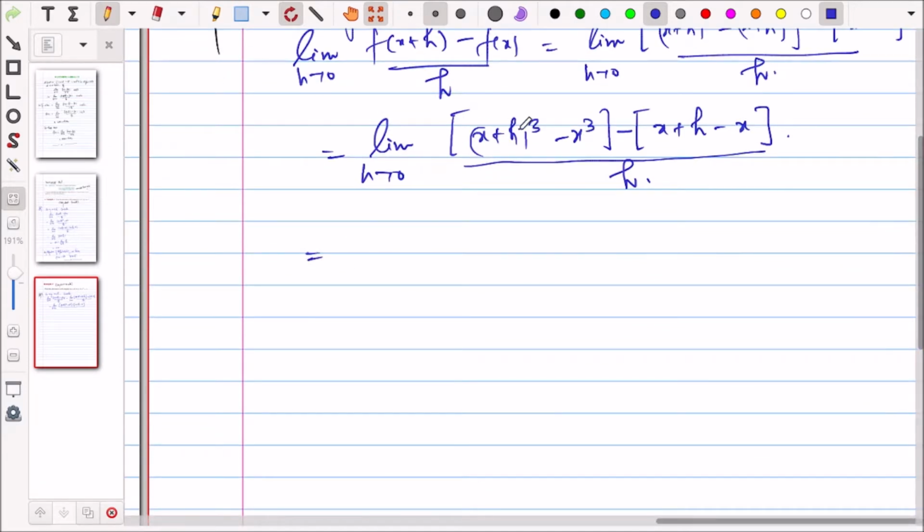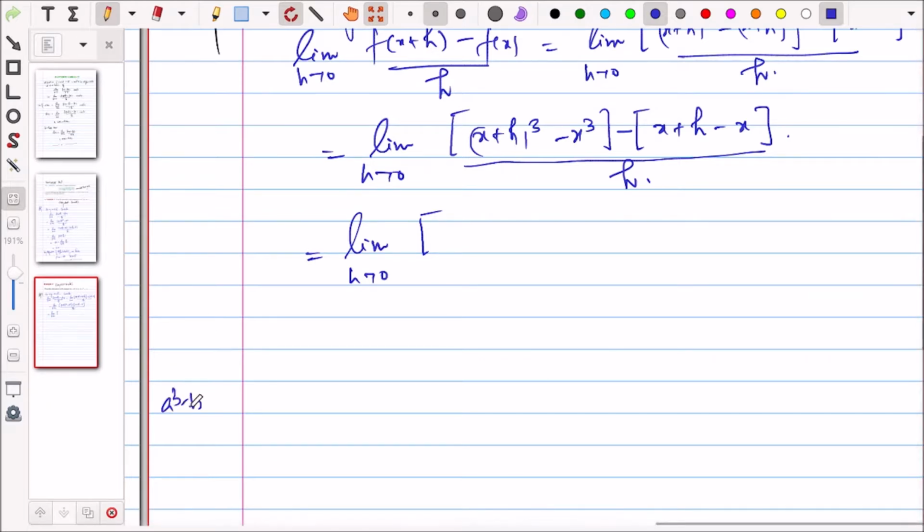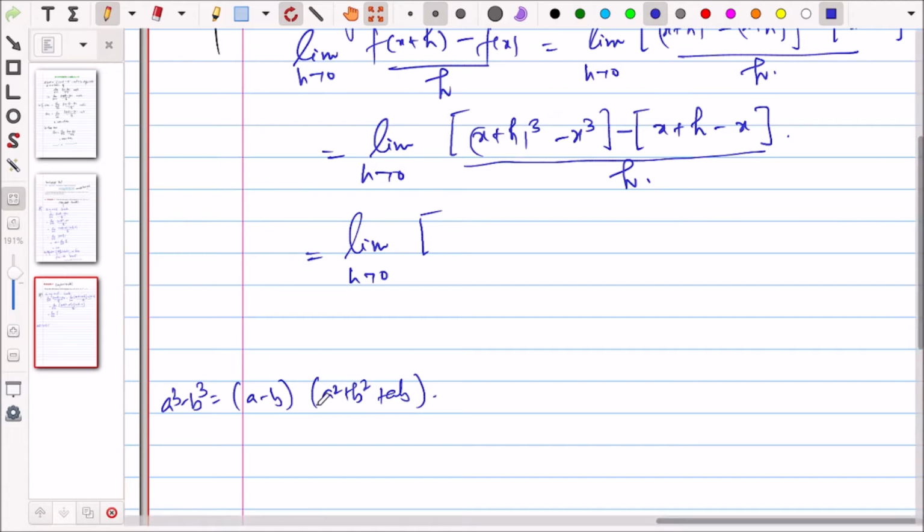Fine. Now what is the formula for a cube minus b cube? A cube plus b cube plus 3a square b plus 3ab square. A cube minus b cube is (a minus b)(a square plus b square plus ab).